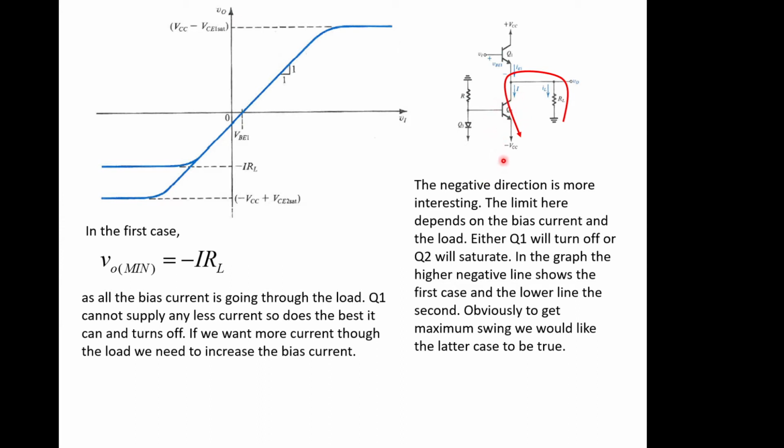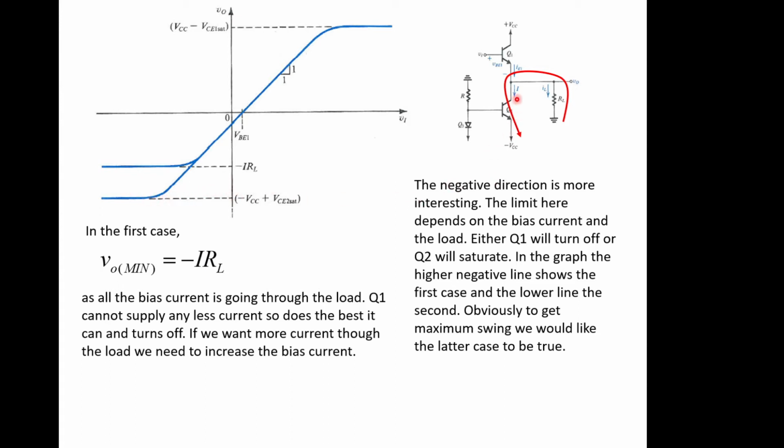Because in the worst case, the maximum current that can be pulled through here is going to be the bias current value. And if you need more current than that, it's not going to happen. So we end up with this saturated curve at this point here. And ideally what we'll try and do is match the bias current and the maximum load so that we intersect at this reverse saturation point here.